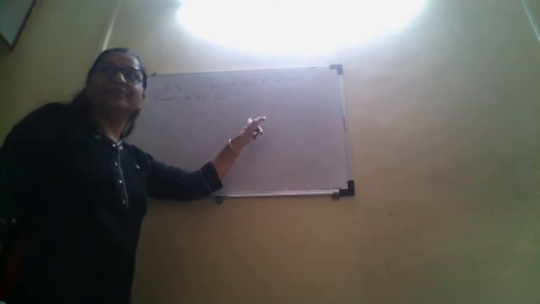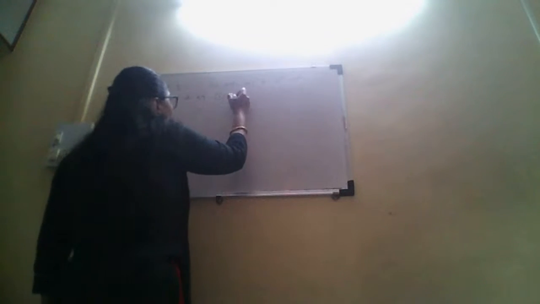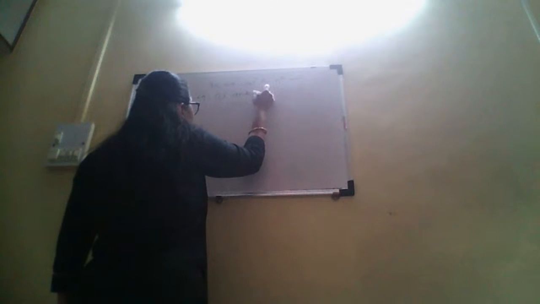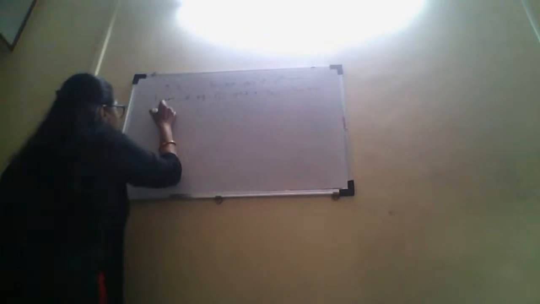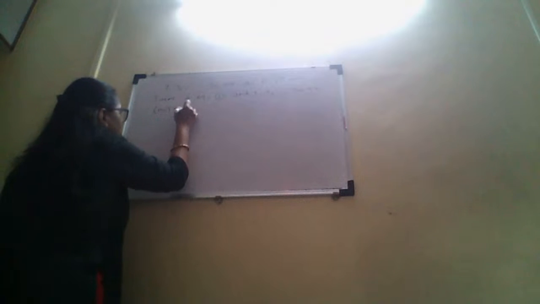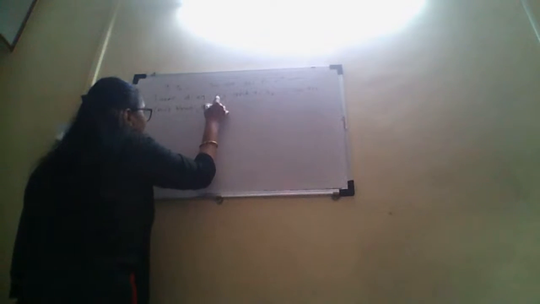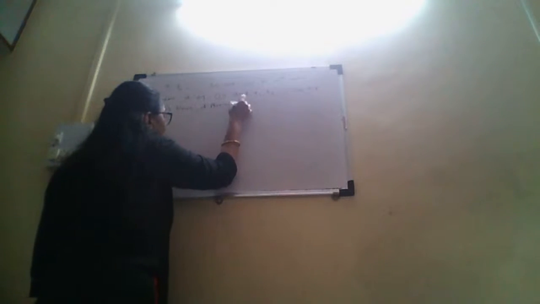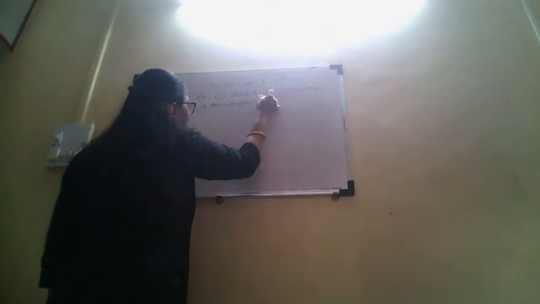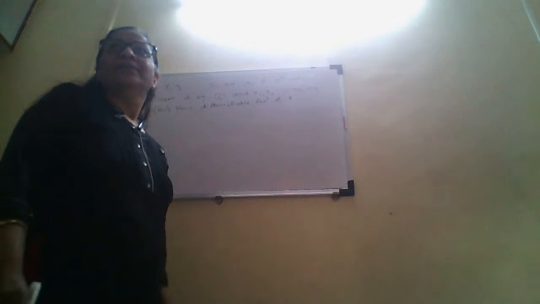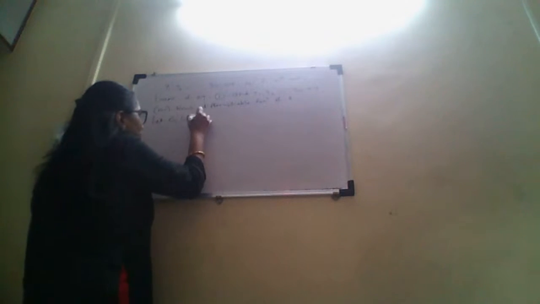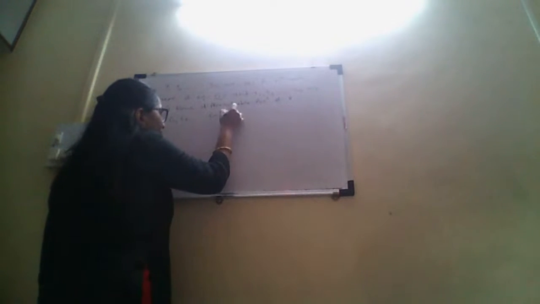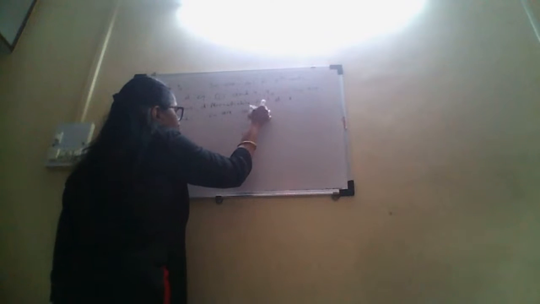That is the most important condition. Okay. And these y1, y2 up to yn are n minus 1 times differentiable functions of x. Okay. One more thing, let C1, C2 up to Cn be constants.